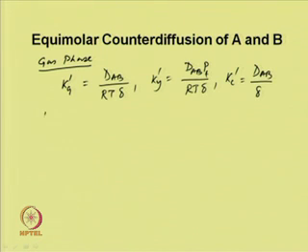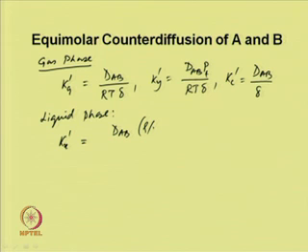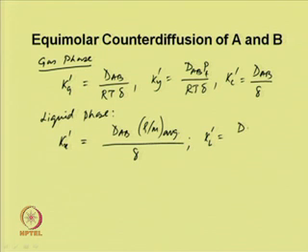For the liquid phase, Kx dash would be DAB rho by M average divided by delta, and Kl dash is DAB by delta.